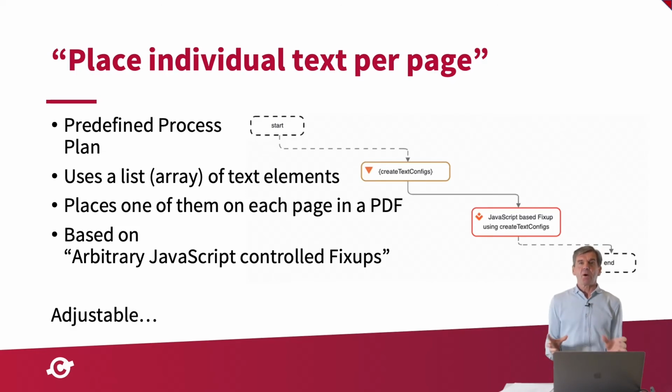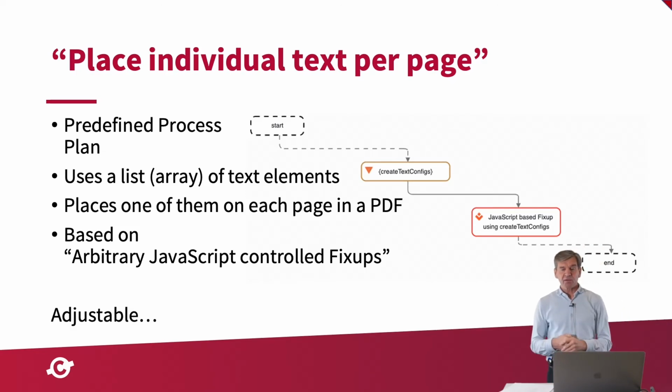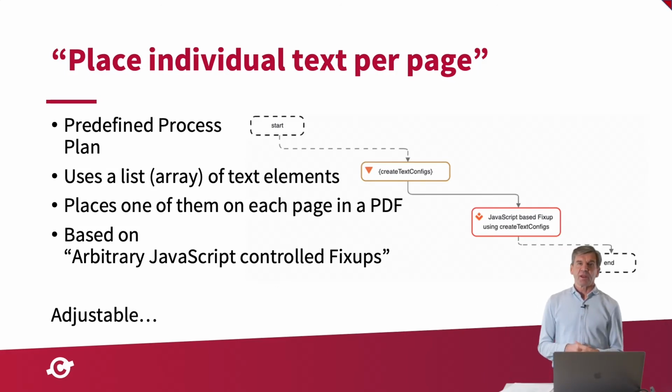You would have to provide an array of strings that will then be placed. So why not just use what we have? Why not just use the arbitrary JavaScript controlled fix-ups in a small process plan? And that is exactly what we do with pdfToolbox 13.